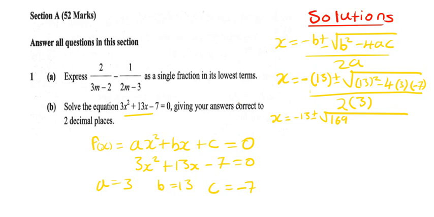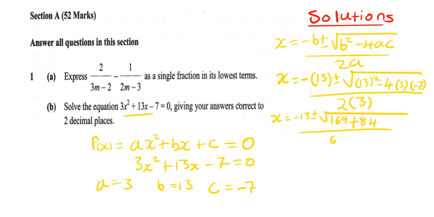It makes the work look neat as well. So you say 4 multiplied by 3 multiplied by negative 4, so you write negative 4 multiplied by 3 multiplied by negative 7. So your answer is a positive answer, so you say positive 84. So it will be plus 84 like that, over 2 times 3, which is 6.